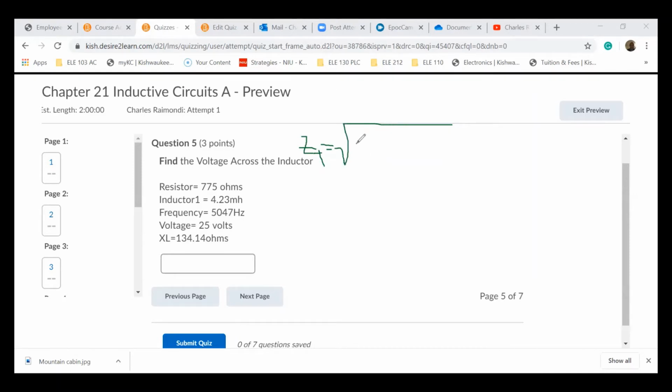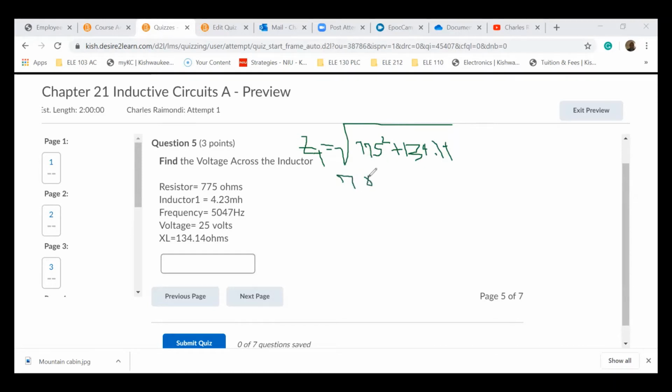So it'd just be the square root of 775 squared plus 134.1 squared. I got 786.52.